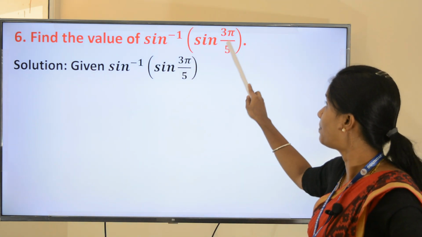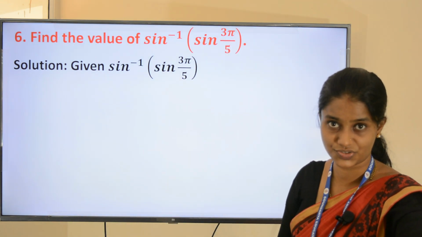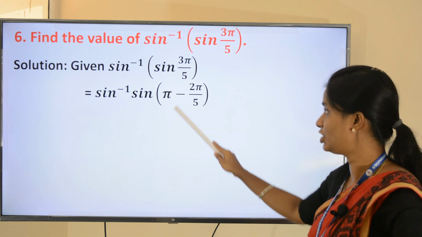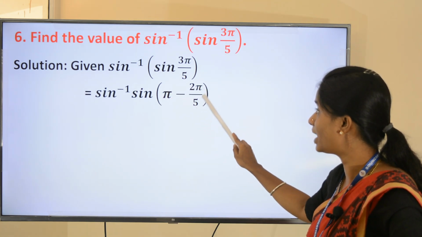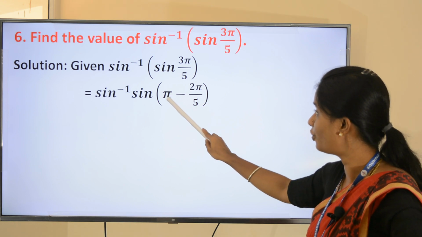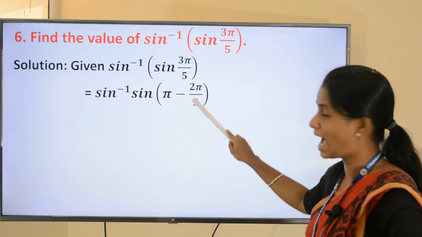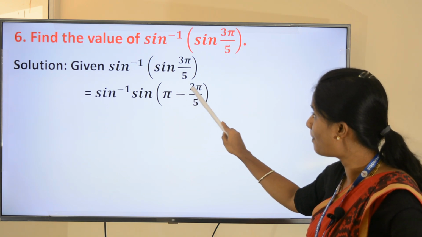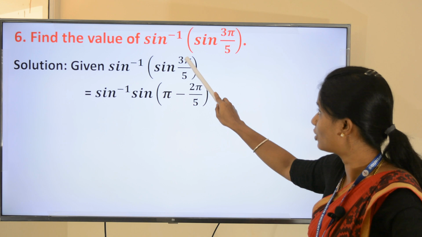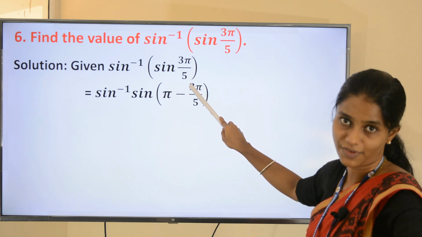So 3 pi by 5 clearly lies in the second quadrant. How can I write it in terms of the second quadrant? That is pi minus 2 pi by 5. You can cross-check this angle by taking the LCM, which is 5: 5 pi minus 2 pi is equal to 3 pi by 5.